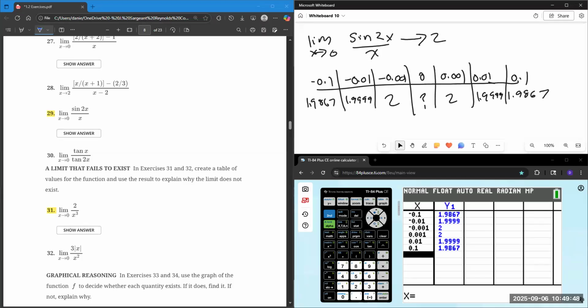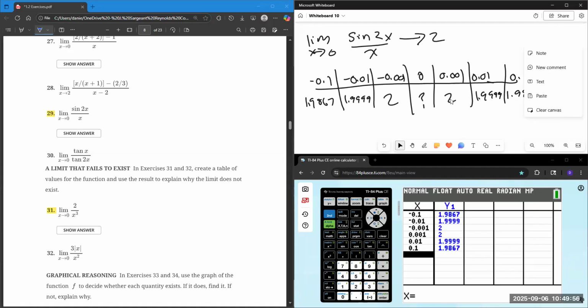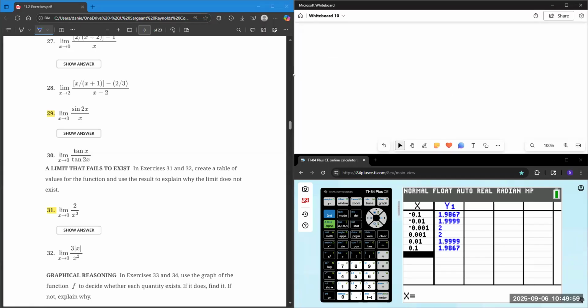Let's look now at number 31. Limit as x goes to 0 of 2 over x cubed, and let's talk about why this fails to exist. So create a table to explain why that fails to exist.